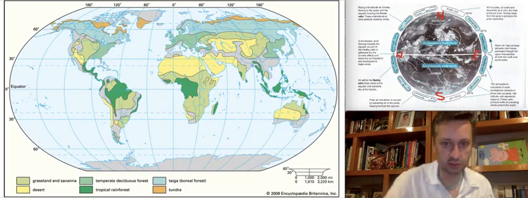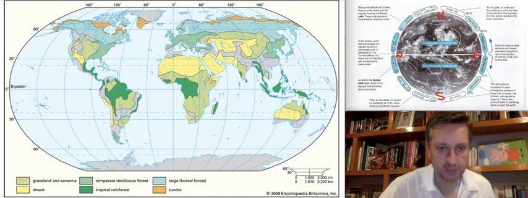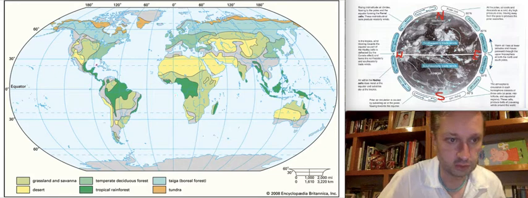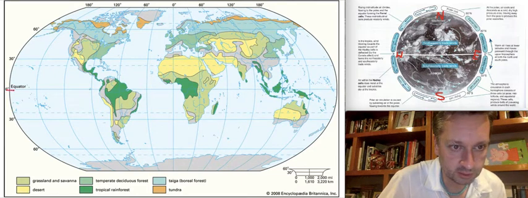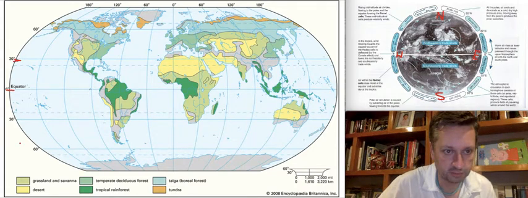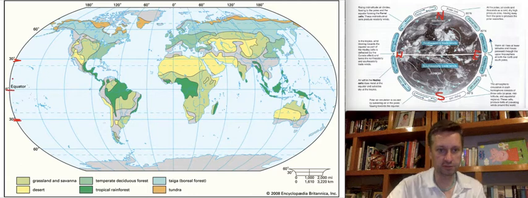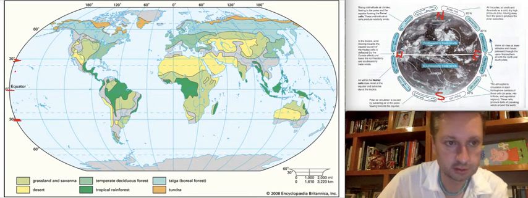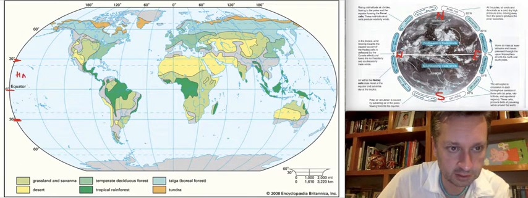Let's finish by just looking at another map of the world, and this map shows you the distribution of biomes. Here at 0 degrees we've got the equator, 30 degrees north and 30 degrees south would represent the edges of the Hadley cells. So here we've got the Hadley north and the Hadley south.